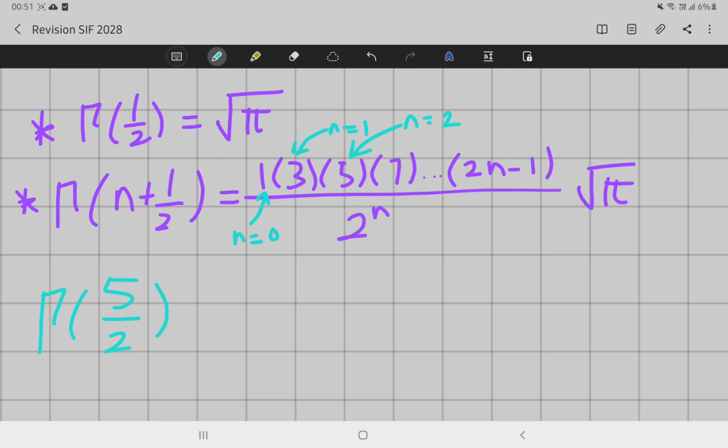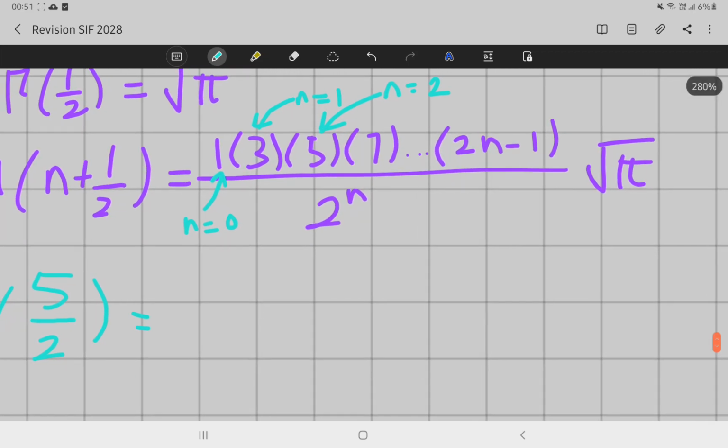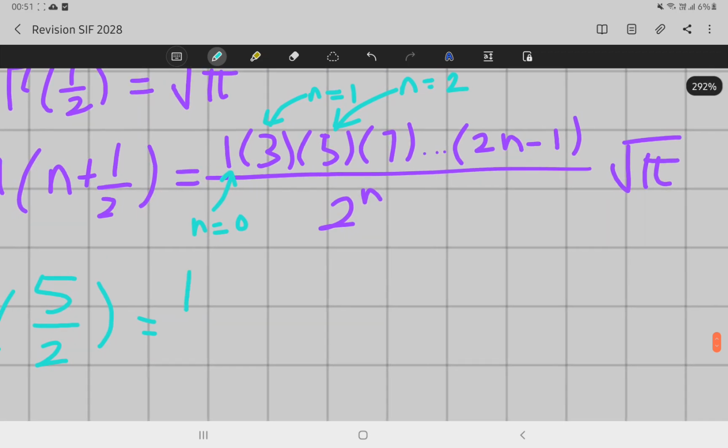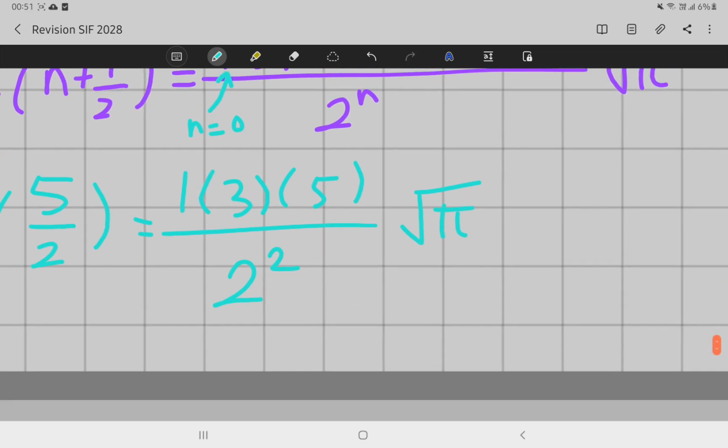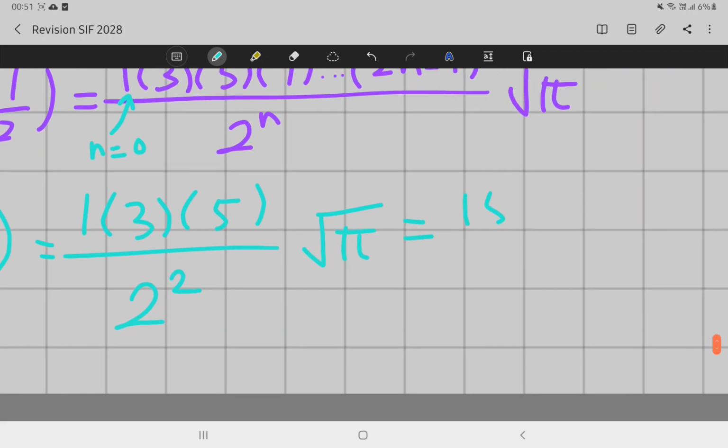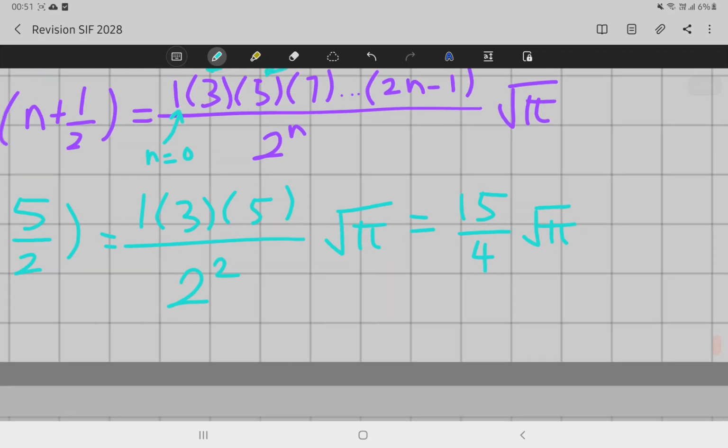So gamma 5 over 2 is basically 1 times 3 times 5, until 5 only, divided by 2 to the power of n equals 2, so 2 to the power of 2, square root of pi. So this is 15 over 4 square root of pi, like that.